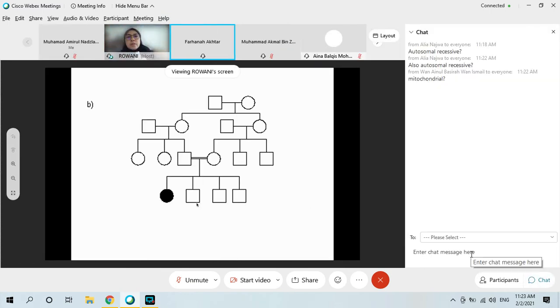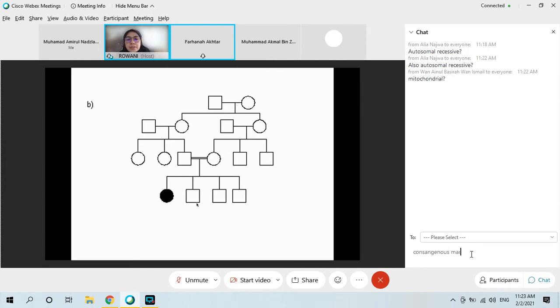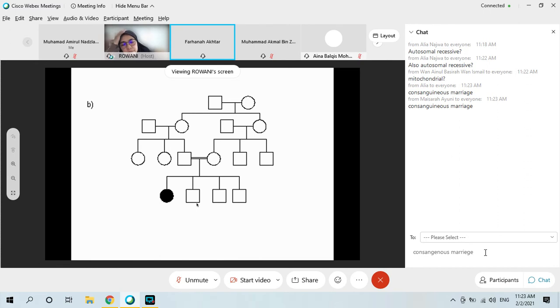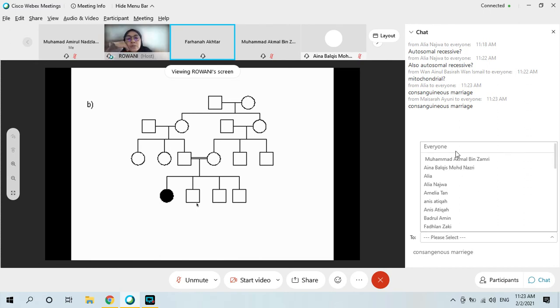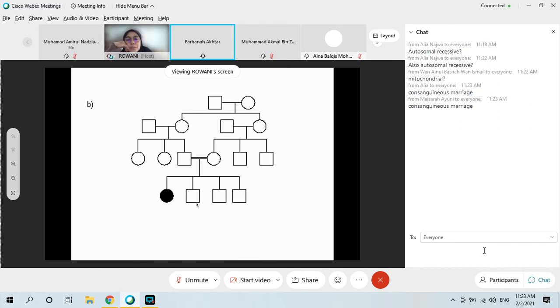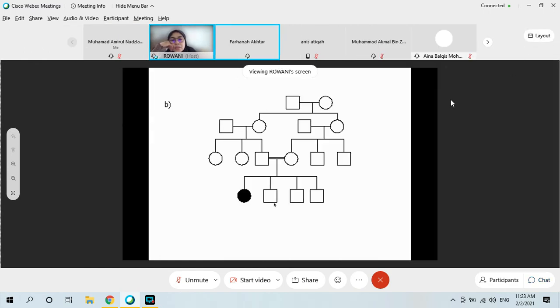There is a symbol of consanguineous marriage. In the 3rd generation, the parents of the affected female. So the parents are consanguineous. The female has consanguineous parents. Yes. Right.